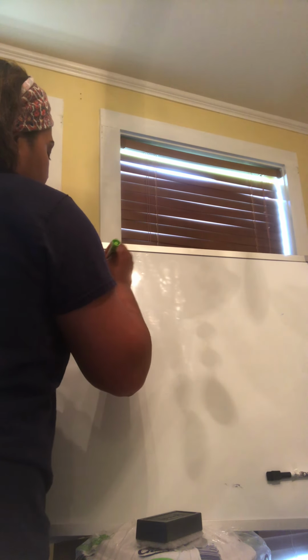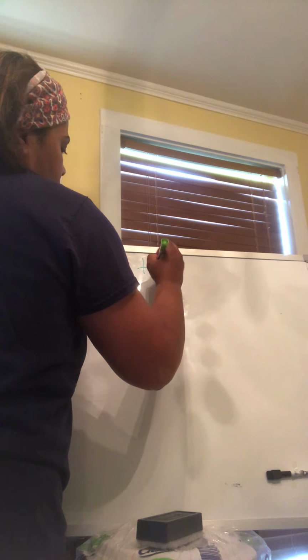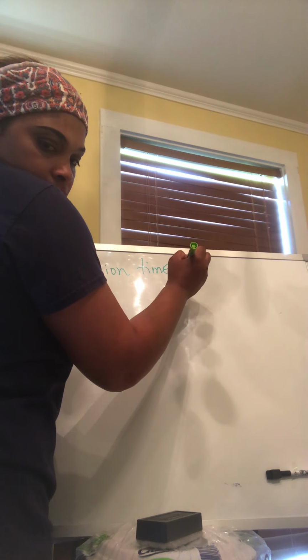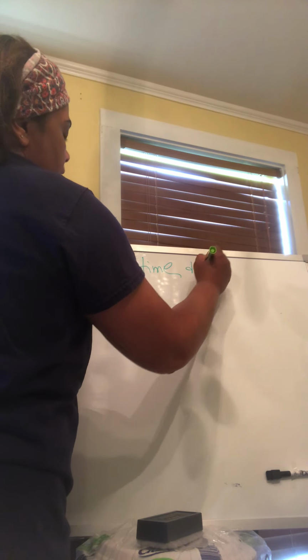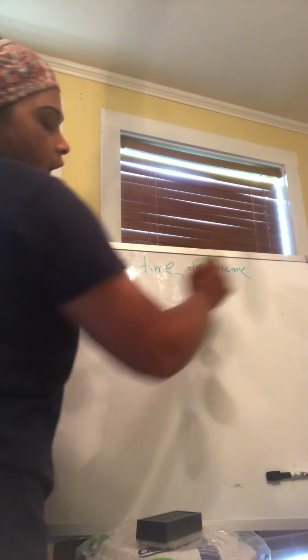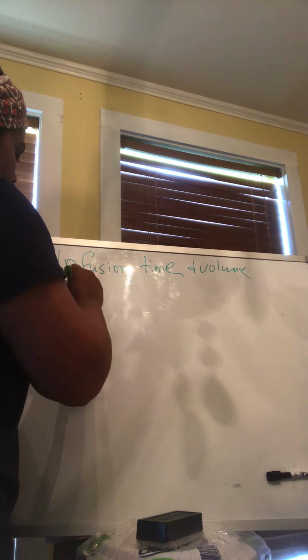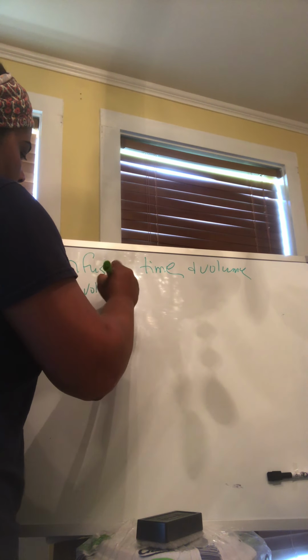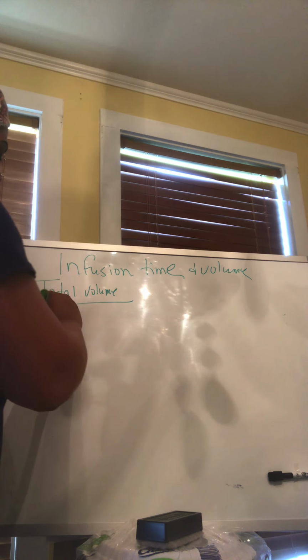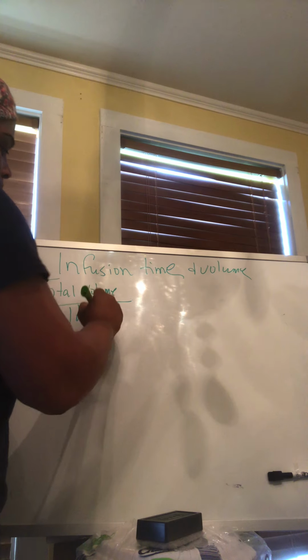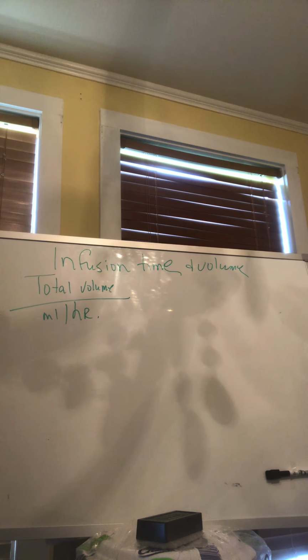All right. So let's do calculating infusion time and volume. Okay? And the formula for that is easy. It's total volume over milliliters per hour.